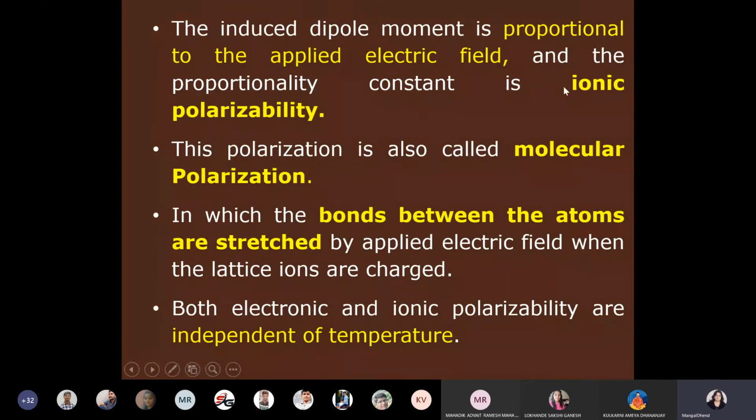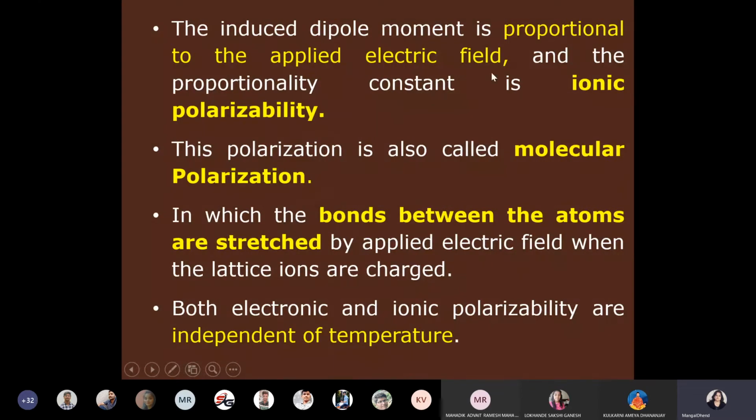Now the constant of proportionality is called ionic polarizability, because we have seen polarization will depend on what? Polarization is the number of dipole moments per unit volume. The constant of proportionality is known as polarizability. Because polarization is directly proportional to the electric field.